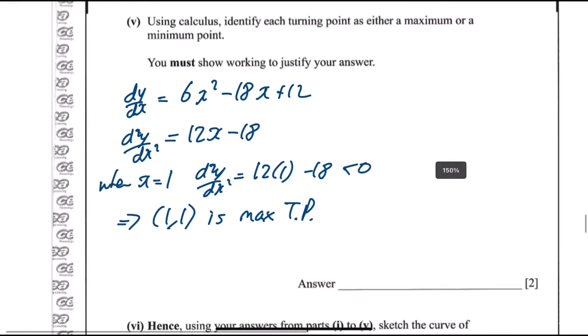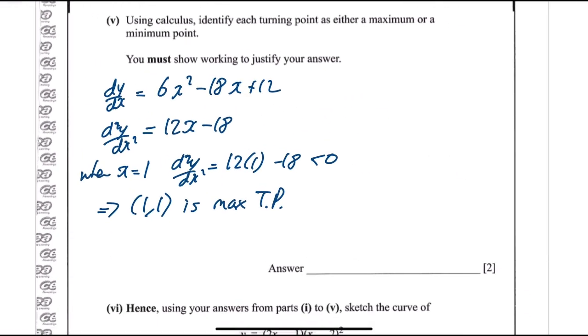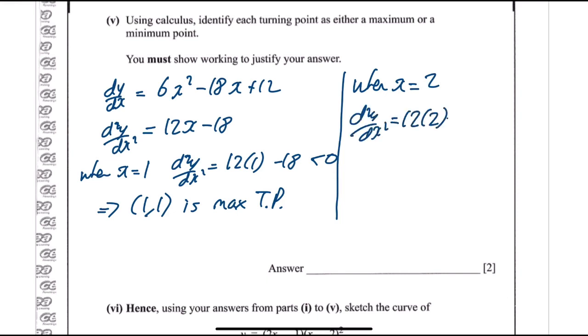Also, we'll say when x equals 2, d2y/dx squared is 12 times 2 minus 18. 12 times 2 is 24, minus 18, that's positive. It's going to be greater than 0. Therefore, the point (2, 0) is a minimum turning point.